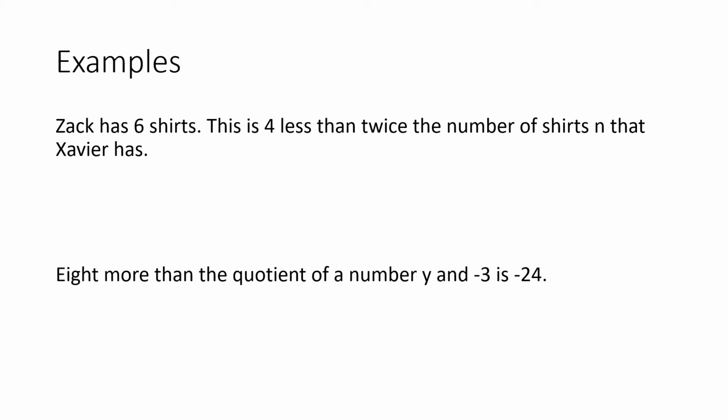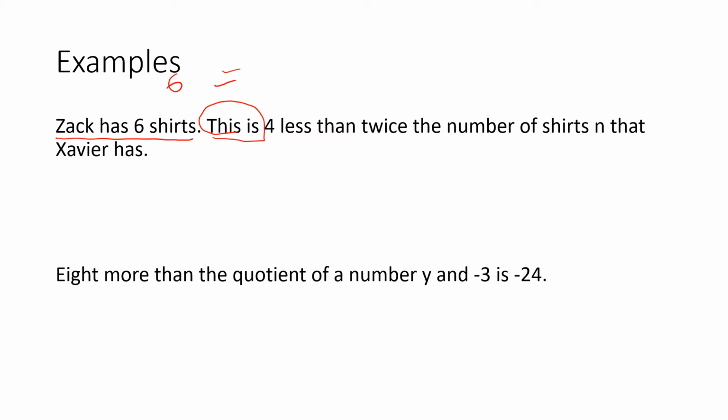Well, Zach has 6 shirts. This is 4 less than twice the number of shirts that Xavier has. First of all, where does it tell us where our equal sign is going to be? Right here. That is our equal sign. So that means Zach has 6 shirts, that's going to be 6 equals whatever's over here on the right side. So 4 less than twice the number of shirts that Xavier has.